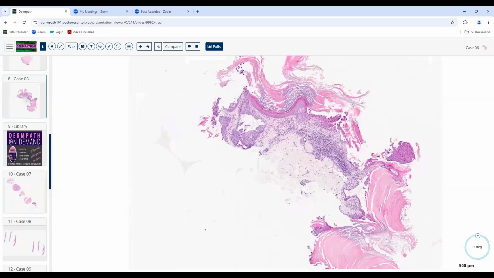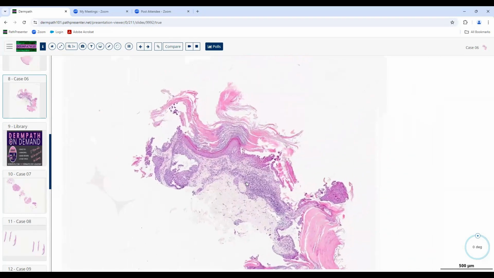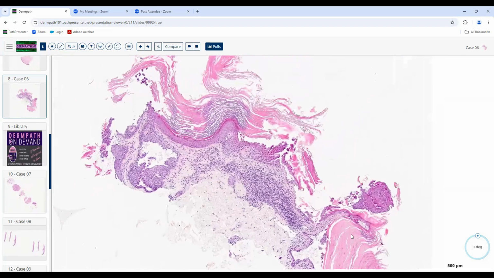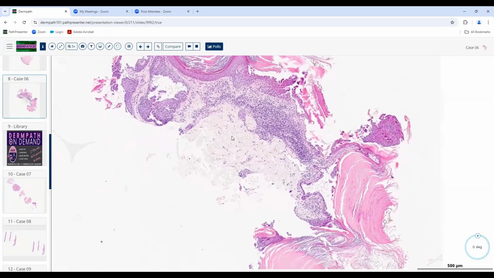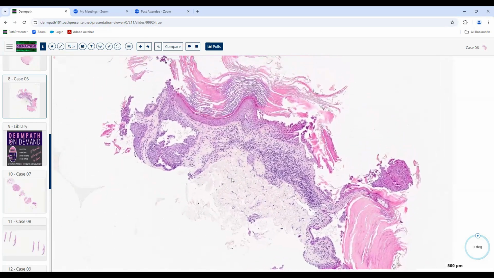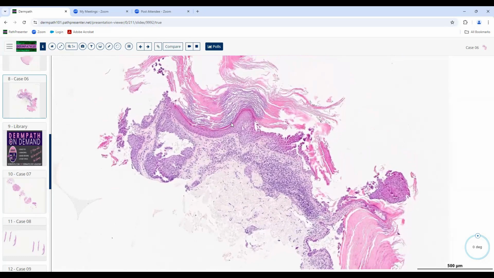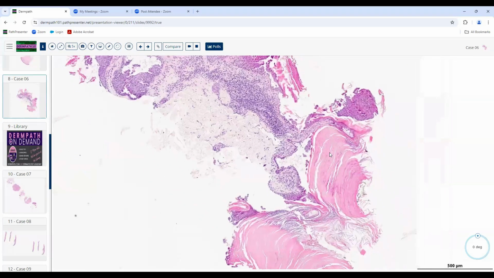Okay, this is an interesting lesion also. Here we've got a shave biopsy of a verrucous papular lesion that's got these little areas of acantholysis. And it's also got these marked zones of parakeratosis overlying it.